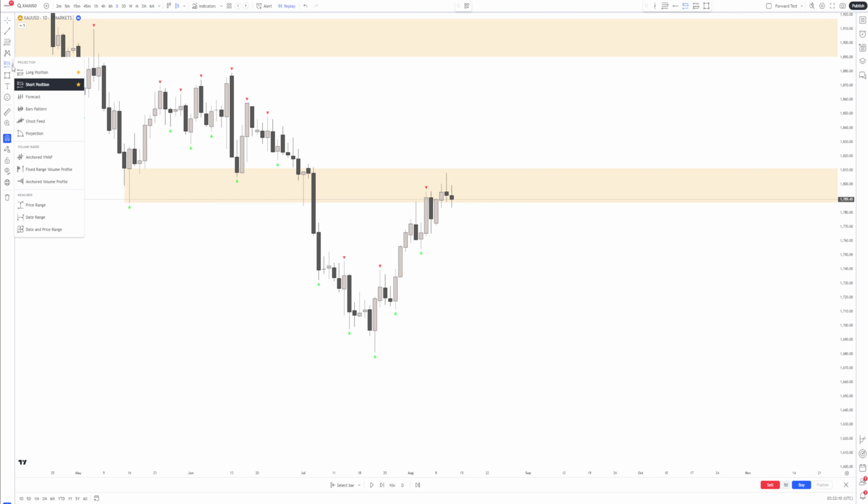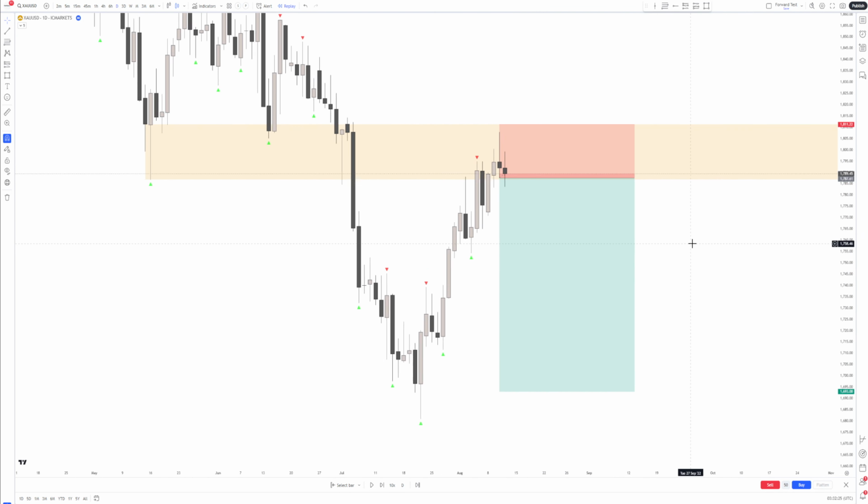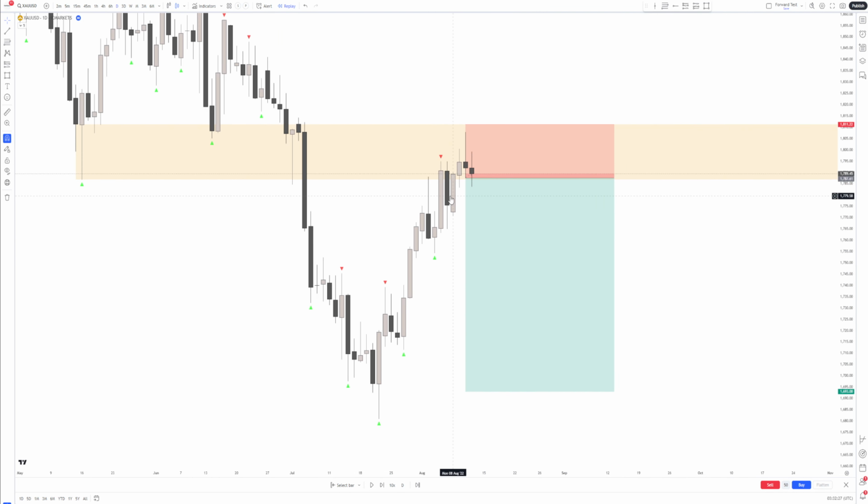Now this is something that no one on the internet is sharing, and then we would aim for a 4-to-1 or 3-to-1. Now you can see that it would look something like this, but our entry criteria is what? We'll wait for 2 consecutive candles to take out this one.